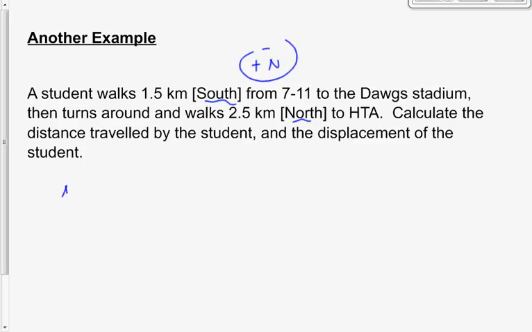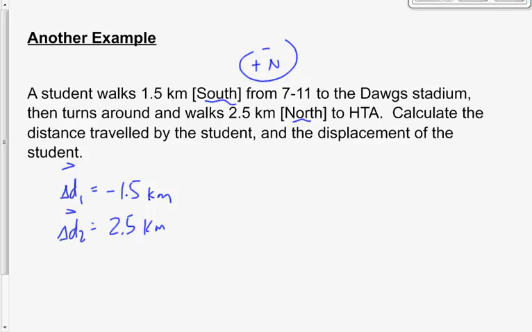That means that delta D1, the first, not position, the first displacement is negative 1.5 kilometers. I walked 1.5 kilometers from 7-Eleven to the dog stadium. And then I turned around and I walked another displacement, which was positive 2.5 kilometers, positive because it's to the north.